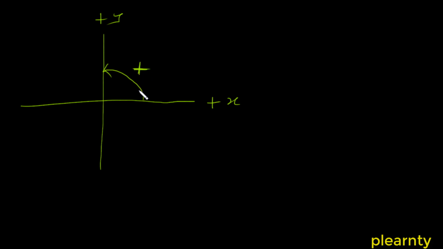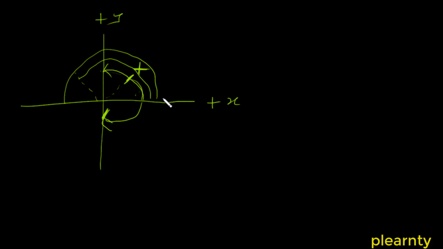This is the plus direction here, and here this is the minus direction. What does this mean? When you measure from here to here, it is 90. From here to somewhere around here should be 45. From here to here should be 135. And from here to here should be 180.